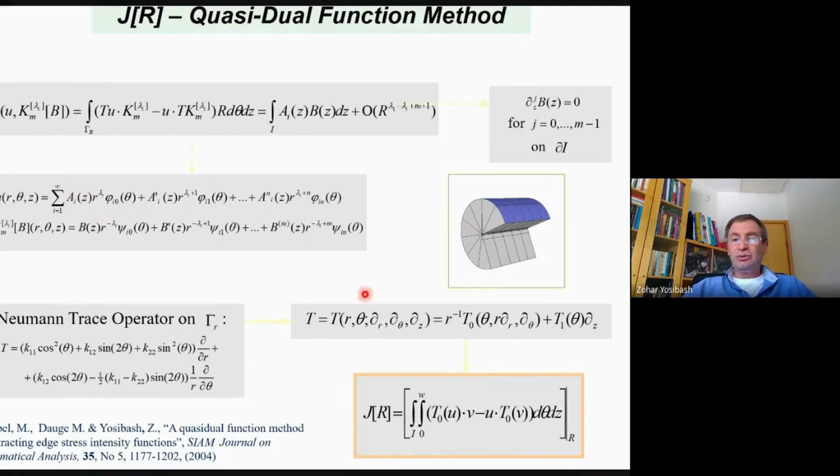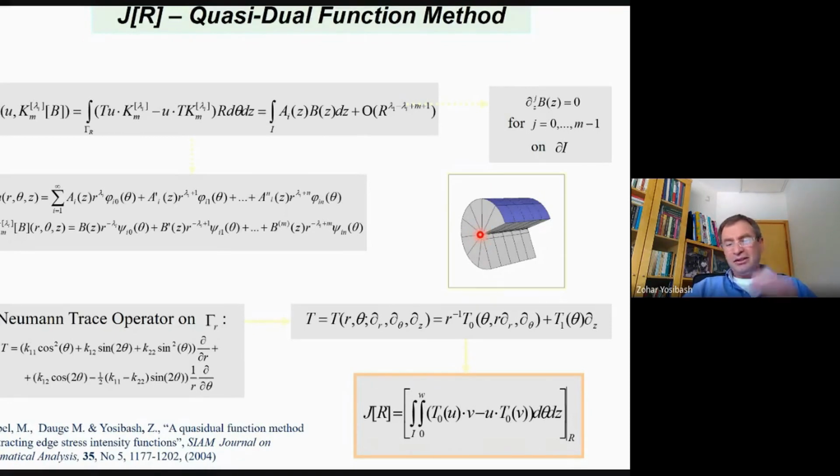Now in 3D, instead of using a one-dimensional curve, I need to use a cylinder. And I would like to be able to compute data on the surface of the cylinder. I also don't want to come close to that edge because I need data from the finite element solution.